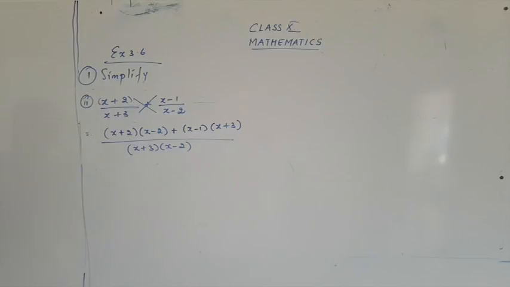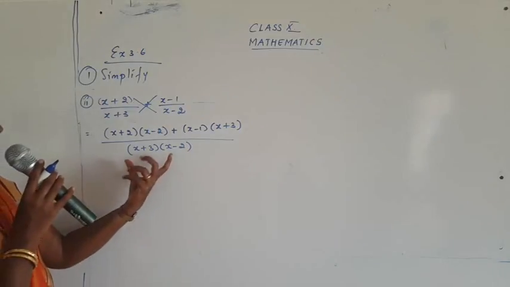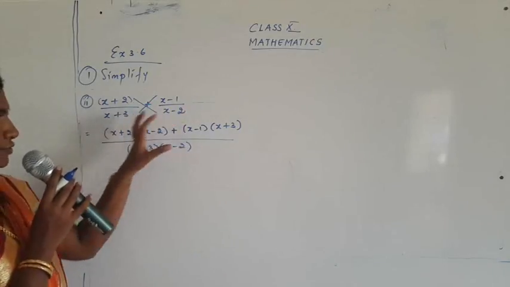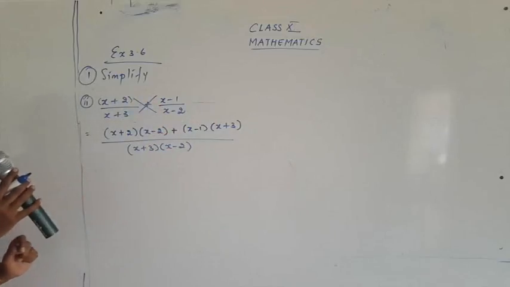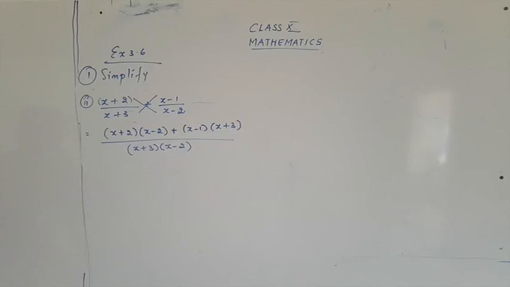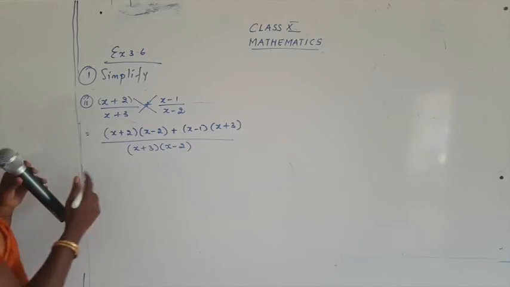There is no need to simplify the denominator part, because here we have two expressions with an addition sign. Just simplify the numerator part and keep the denominator as it is. Okay, let's start the simplification.